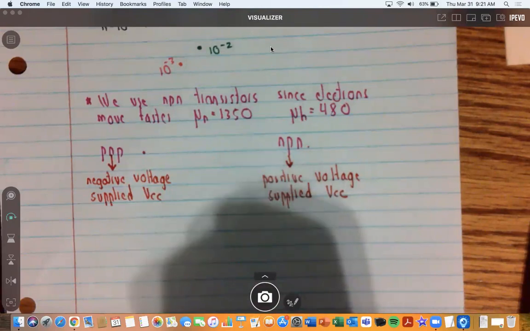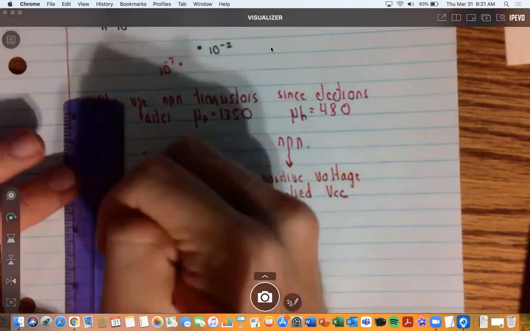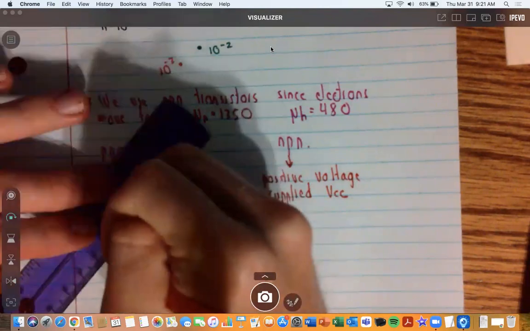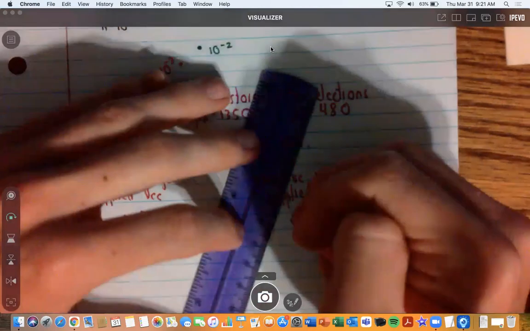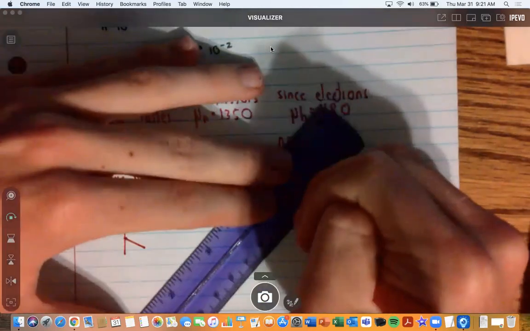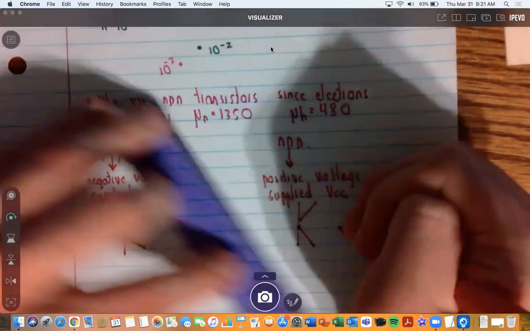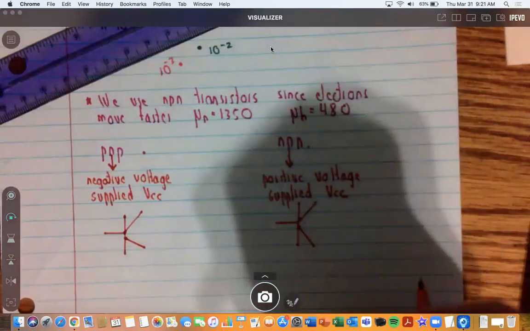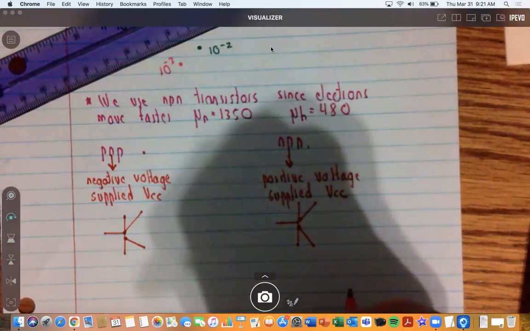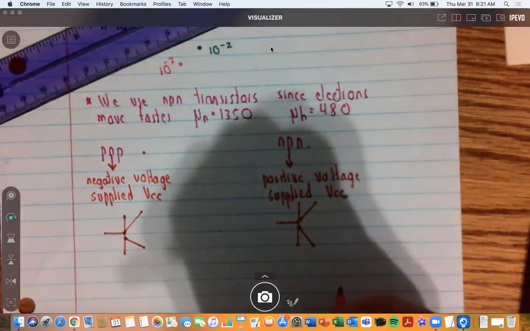But we also need to think of the symbol, because a lot of times we see the circuit symbol and wonder, is this an NPN or PNP? Here's the symbol for a BJT that we often use. Which direction should the arrow be pointing? The arrow should point from the positive to the negative.